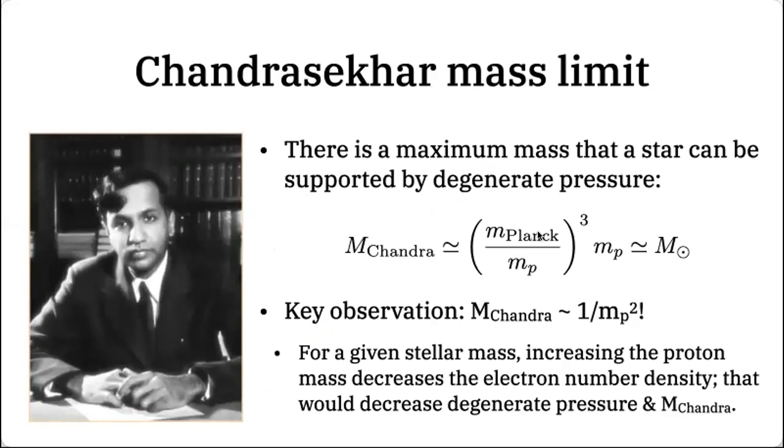One is the fundamental physics parameter, the Planck mass. Another is the proton mass, which is by no means fundamental. But if you combine these two mass scales, 10 to the negative 5 gram with the proton mass, 1 GeV, that ends up giving us a solar mass, which is the Chandrasekhar mass.